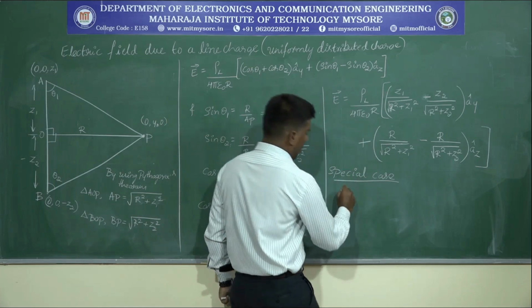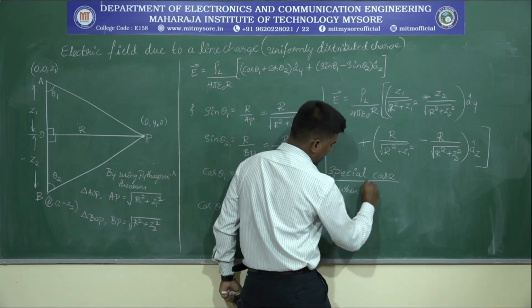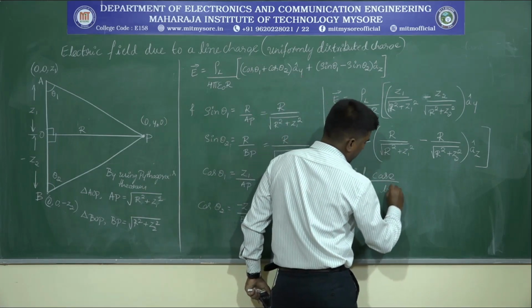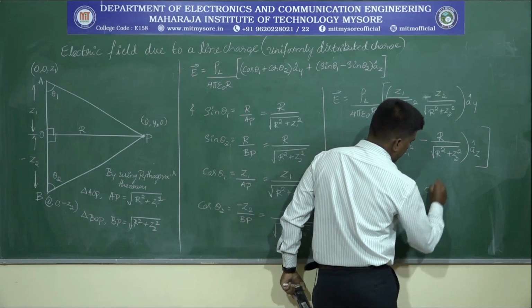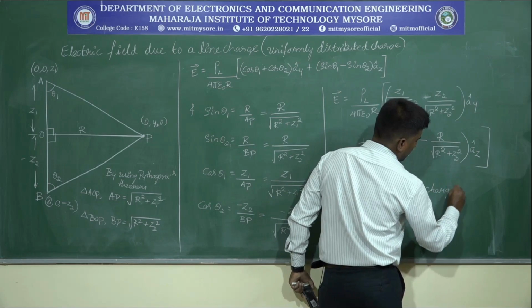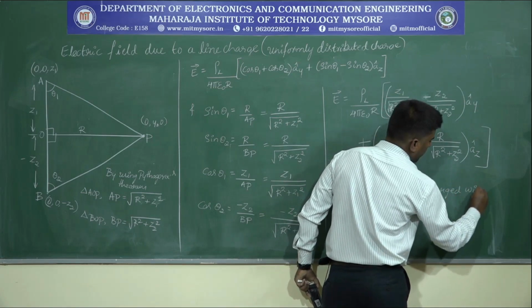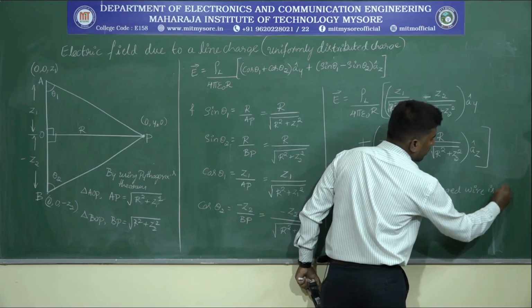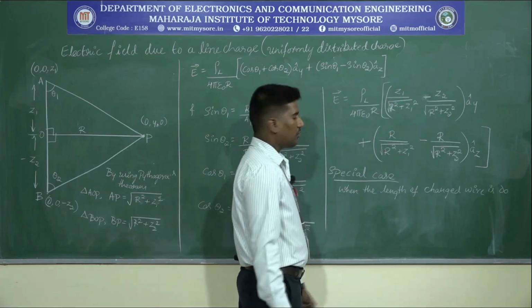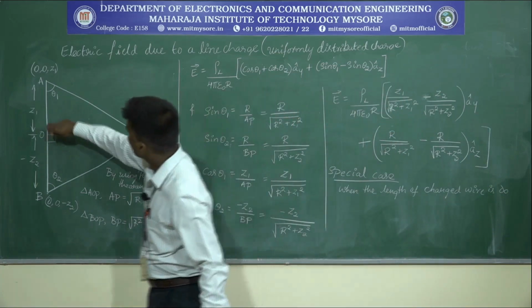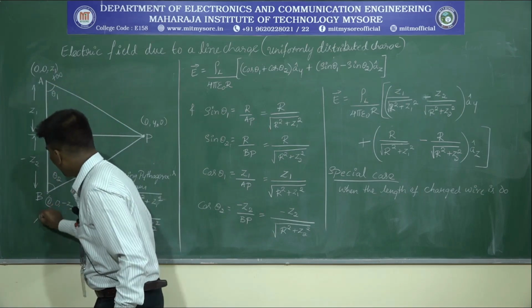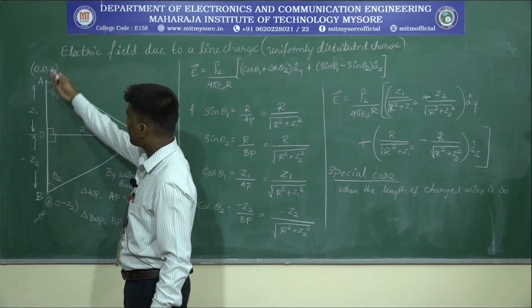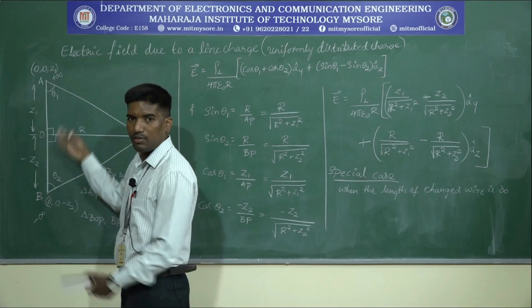Special case, when the length of the charged wire is infinity, when this goes to plus infinity and this comes to minus infinity, that is where we can say the length of this charged wire AB is infinity, right?